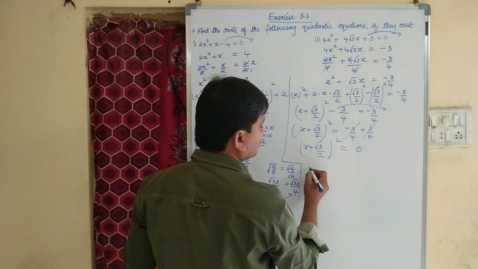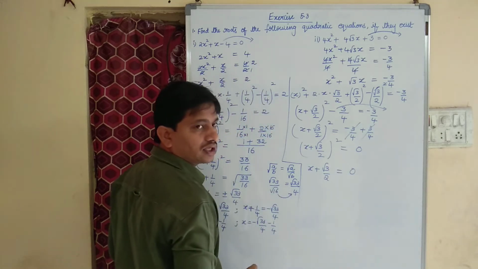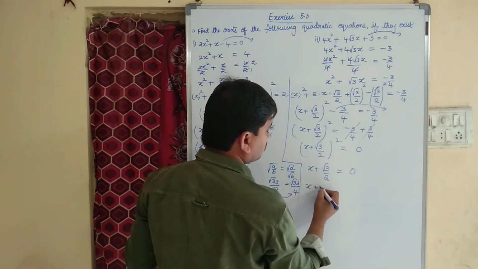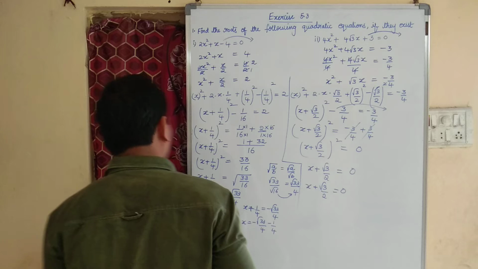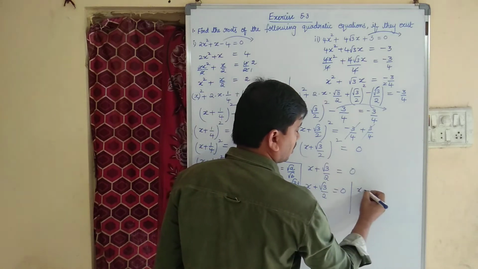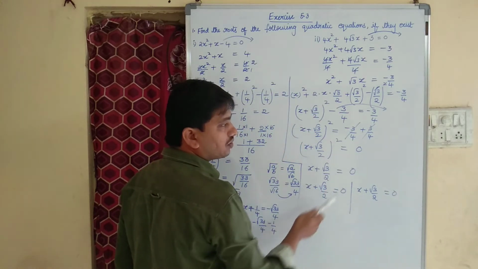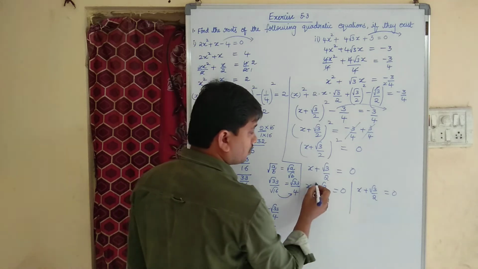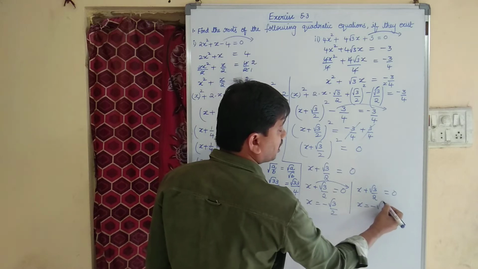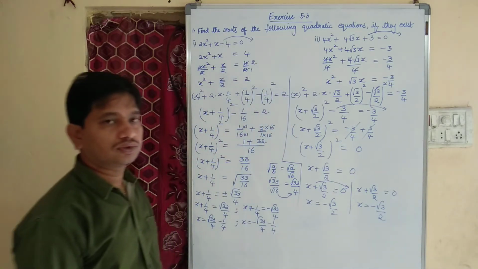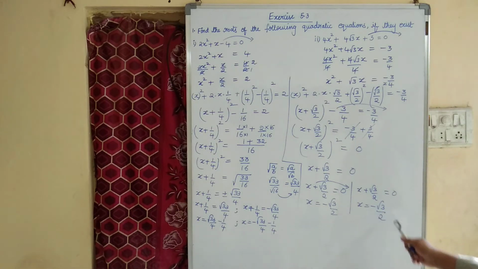Okay, so square you transpose, it will become x + √3/2 = square root of 0 is 0. I mean one is x + √3/2 = 0, second one also x + √3/2 = 0. So students, we cannot write as plus or minus 0, because 0 is neither positive nor negative. So +√3/2 you transpose, you will get −√3/2. Again +√3/2 you transpose, you will get −√3/2. Okay children, did you understand the value of x is −√3/2 and −√3/2?